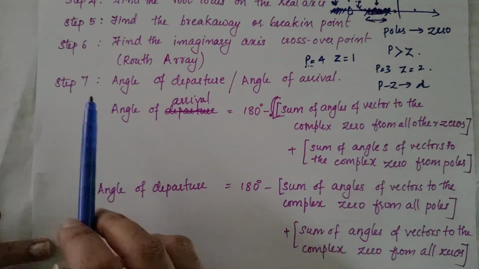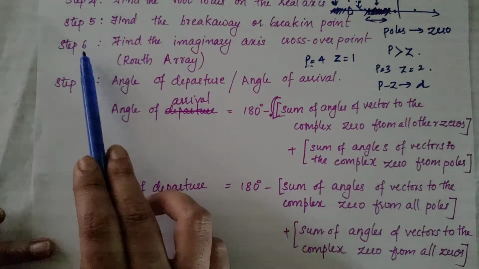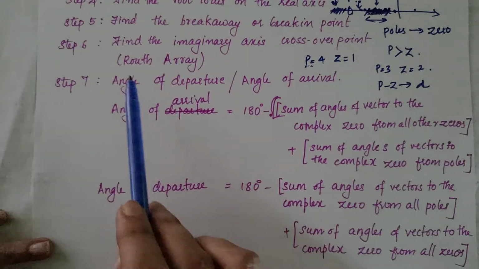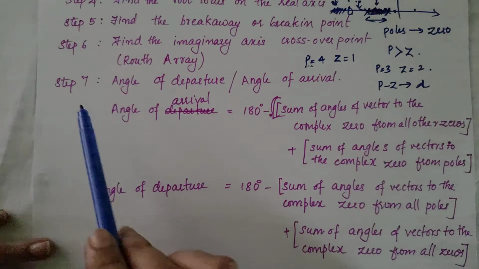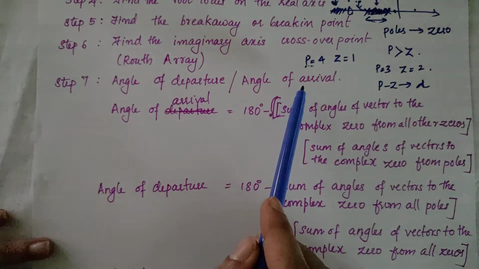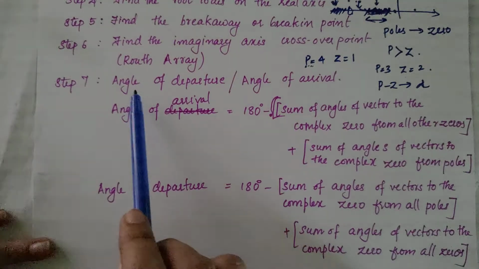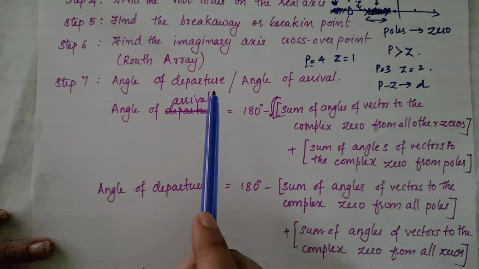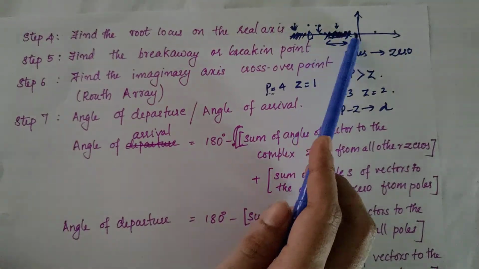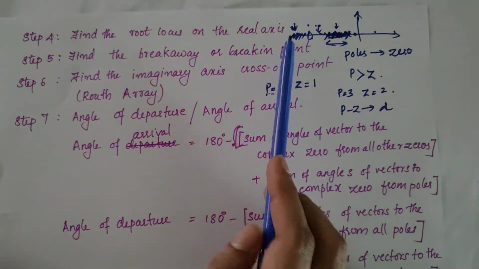Okay, now find the imaginary axis crossover point. For that we use the Routh array, and step 7 is the angle of departure and the angle of arrival, and this is specifically for complex roots. Okay, so up till now we were talking about the real axis roots.